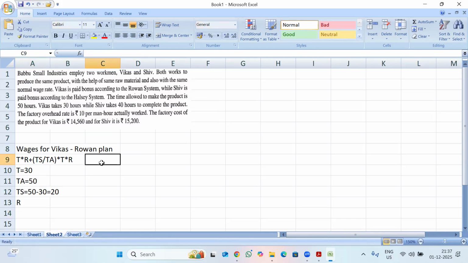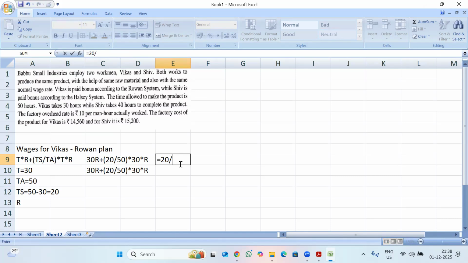So it is 30 into R, that is 30 hours, plus time saved, 20 hours, divided by time allowed, 50 hours, into time taken, 30 hours, into R. Solving this, 20 divided by 50 into 30, I will get 12.